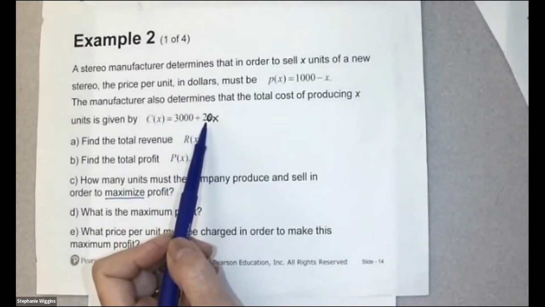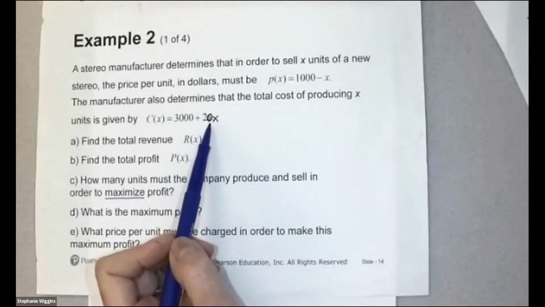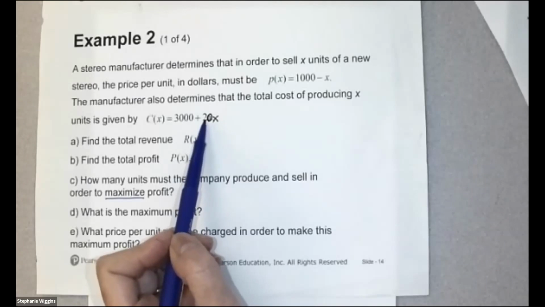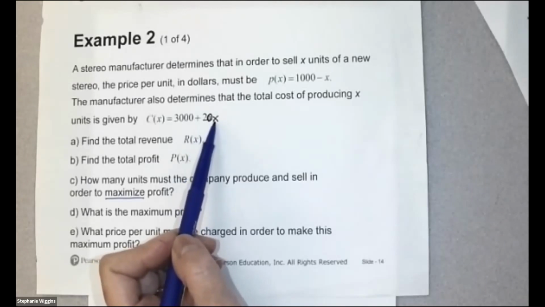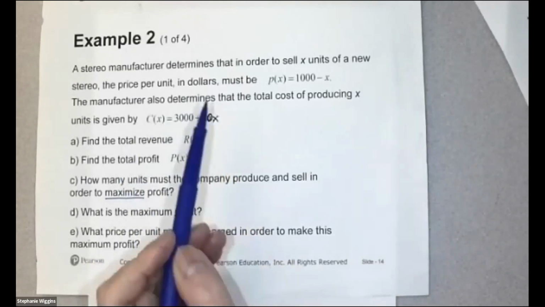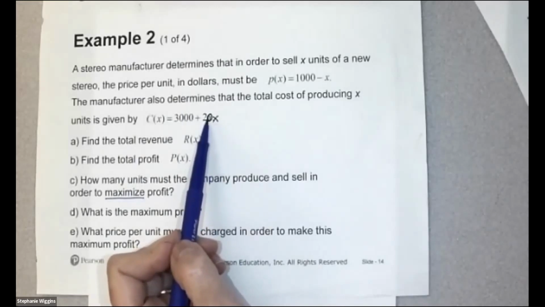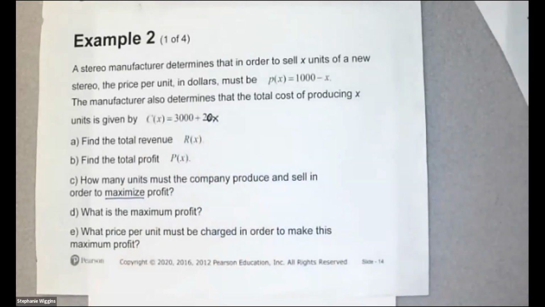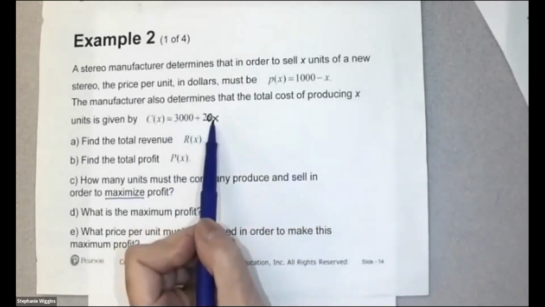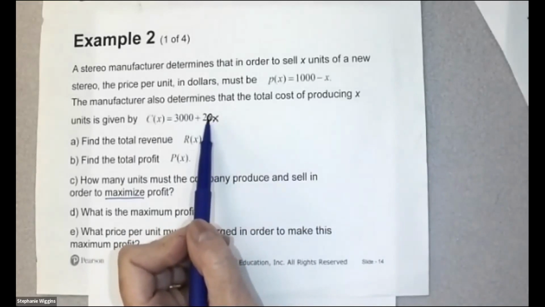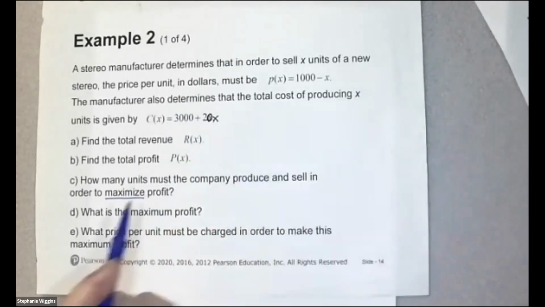And like I said, I got this off the PowerPoint from your textbook, and they had 2X in there, and I fixed it because the problem didn't make sense when it was 2X. I think that was a typo, and they meant 20X. So you might want to fix that if you end up printing out this problem for your notes.